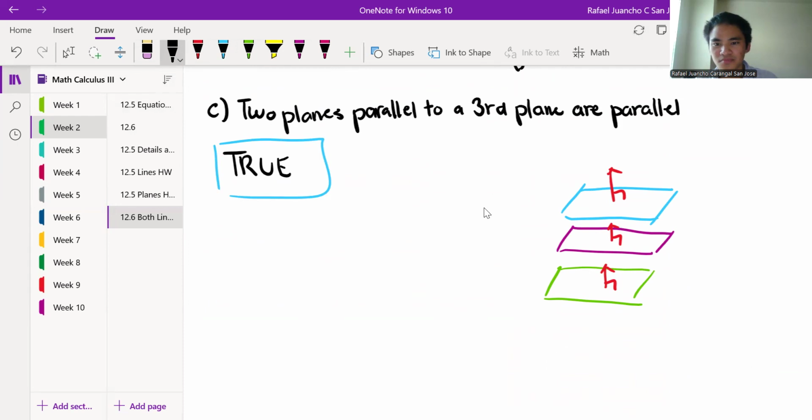Yeah. So if we're given, let's say, plane 1, P1, plane 2, P2, and then the third plane, P3. Well, P1 and P2, if they're parallel, then they have the same normal vector, which should also give P3 the same normal vector.